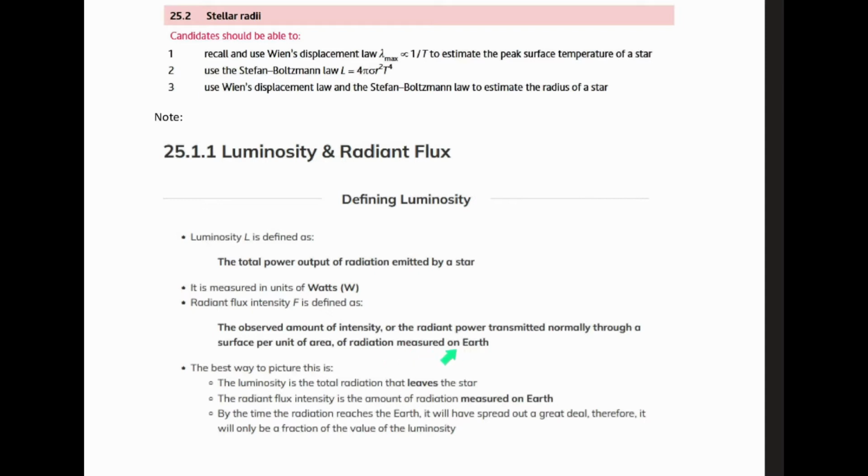So measured on Earth, try to imagine that. For example, a scientist is staying on the Earth, looking at the star, and trying to find out the intensity of the star, and that is the radiant flux intensity.